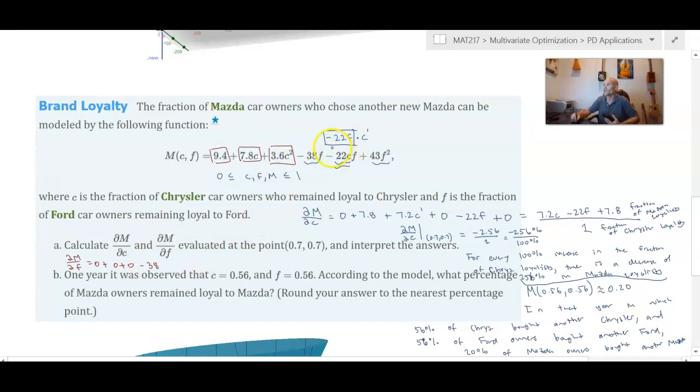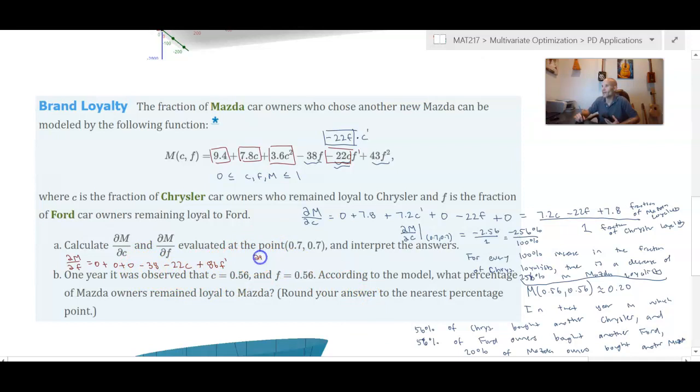Now we're thinking about negative 44c as being a constant times f to the first power, so that will be negative 22c. And the derivative of 43f squared will be 2 times 43, which is 86f to the first power. So we have basically just these three terms here.